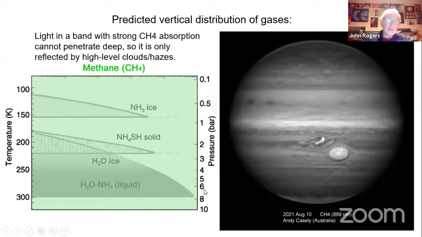So light in a band with strong methane absorption, such as the 889 nanometer band that I've been mentioning, like this image on the right, can't penetrate very deep. So light penetrates down only so far as it can be reflected by high-level clouds and hazes.